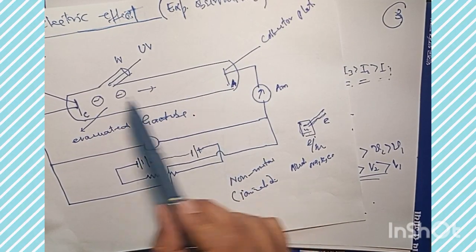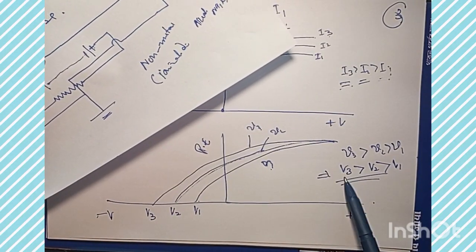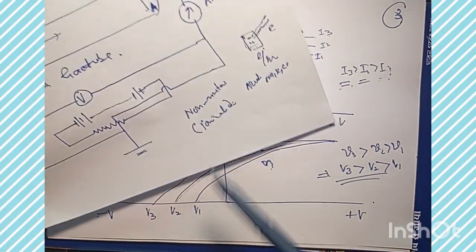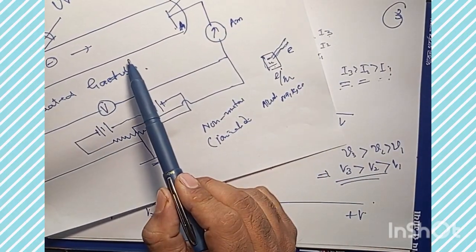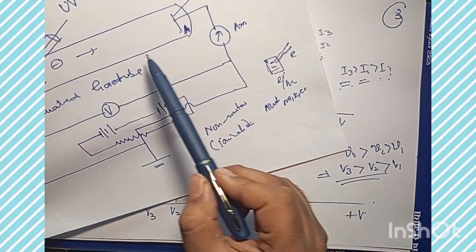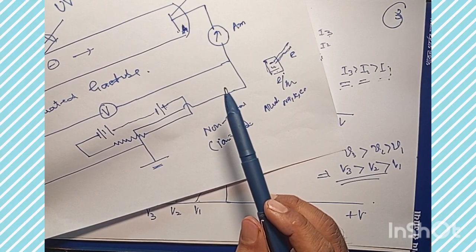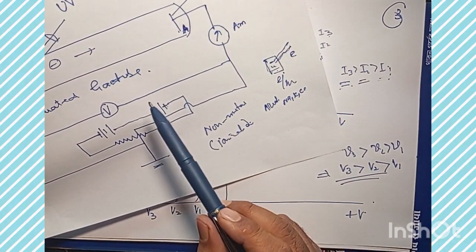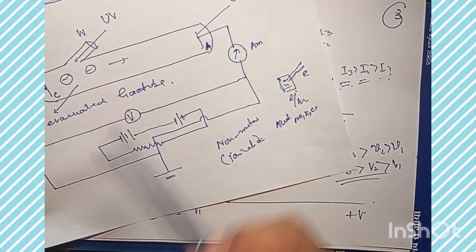And if we take the graph where nu1 is much less than nu3, the energy of the emitted electrons is going to be less than that of nu3. So in case of nu1, we will have to use the minimum potential to stop the electrons reaching plate A.